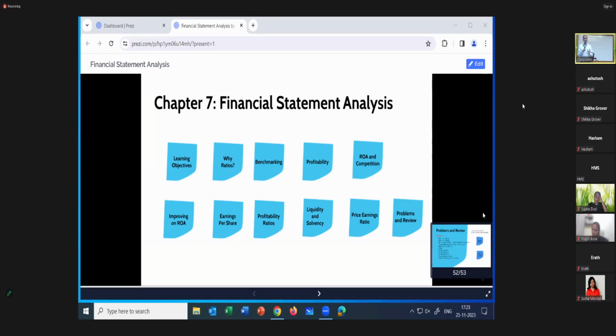We'll complete the slide presentation on ratios, which will feed into the project also. Whatever we are covering here is related to the group project, so it's relevant for that. Once we finish the presentation, depending on how much time we have, we'll go over questions from the class.